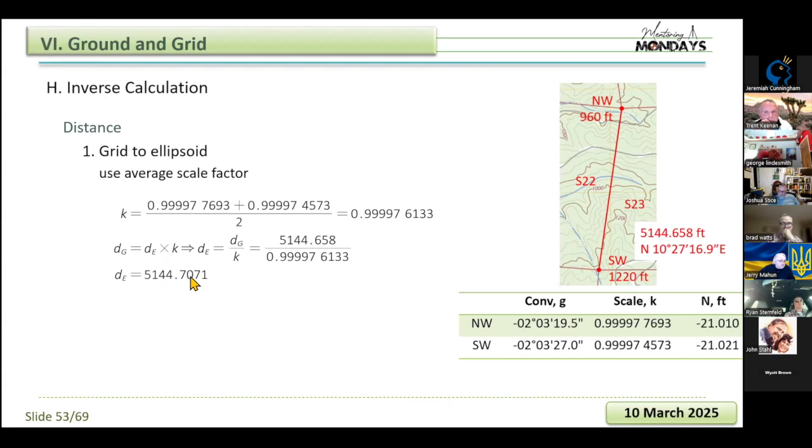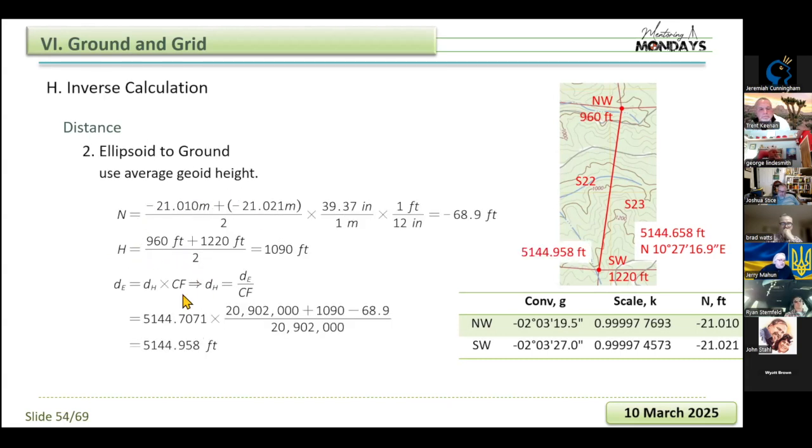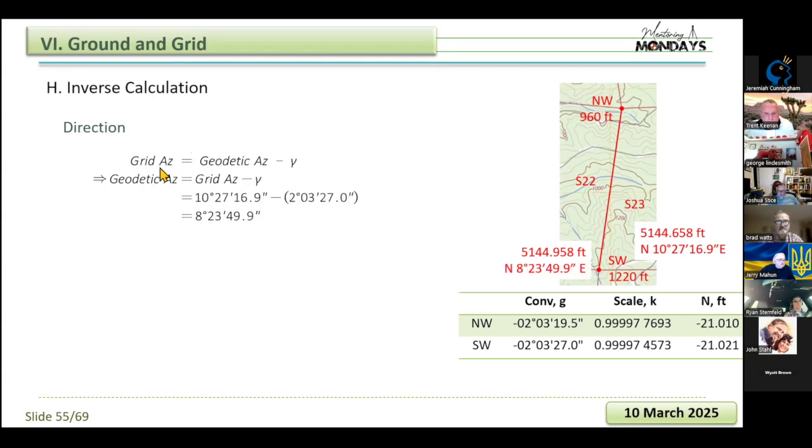Then if I compute the inverse of my elevation factor and run that backwards, I get my ground distance, 5144.958. For my geodetic direction, I'll take the grid azimuth and subtract my convergence from that, 2 degrees, and that's my geodetic direction. So it's basically just reversing my calculation process. It's not difficult, it just takes a little while to work back and forth. Or you can automate it in the software, depending on the software that you use.